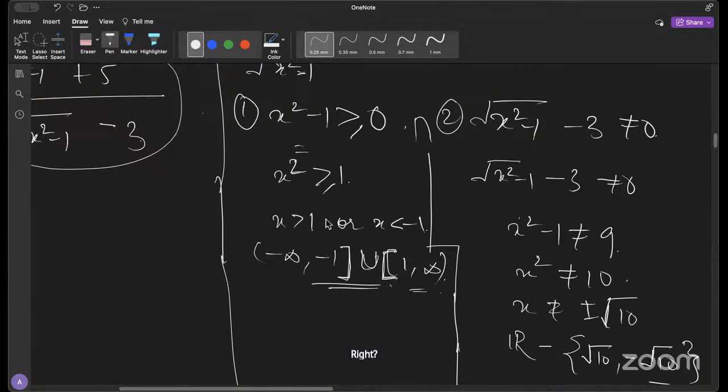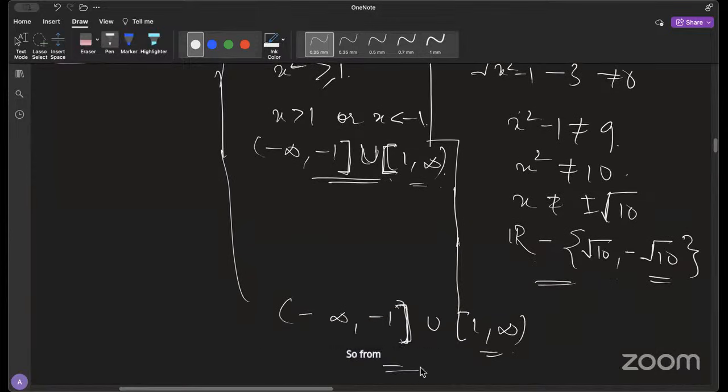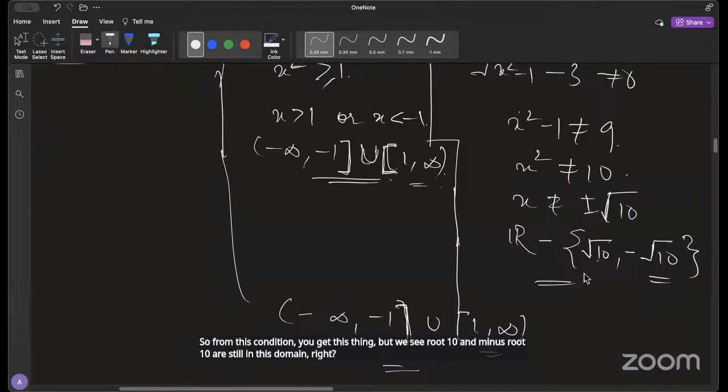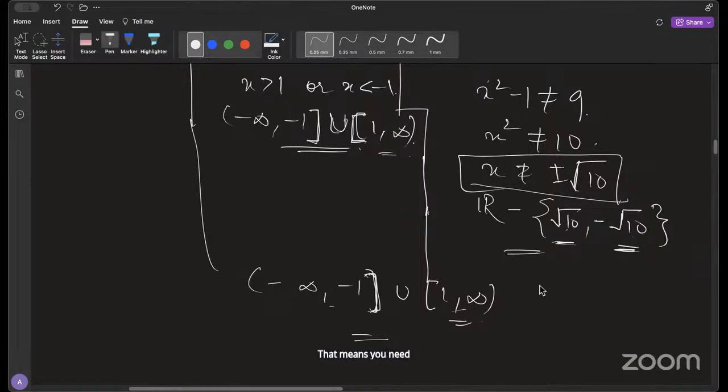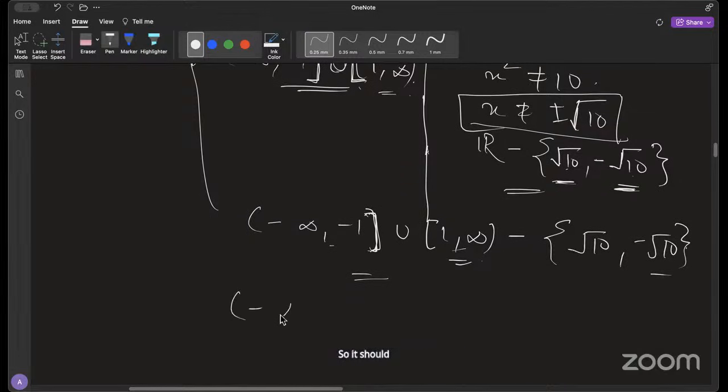Because you want both the conditions to be true. So from this condition, you get this thing. But we see root 10 and minus root 10 are still in this domain, right? We want these two things to be out of the domain from this condition. That means you need to remove root 10 and minus root 10 from both of these. So it should be minus infinity to minus root 10. If you leave it at this, that's also fine.